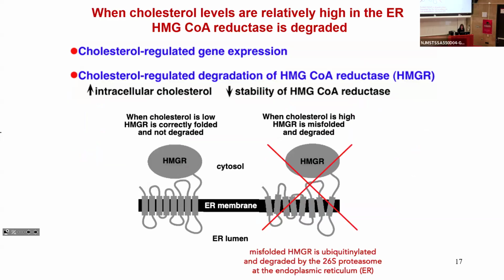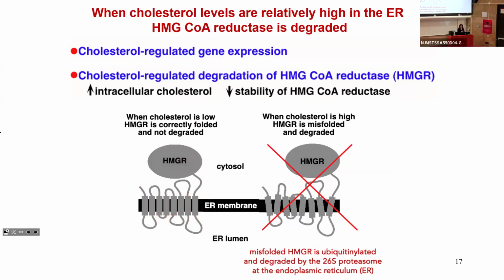Another way in which cholesterol synthesis can be regulated is by the degradation of HMG-CoA reductase, right? The rate-limiting enzyme in cholesterol synthesis. So if cholesterol level is high, and we don't want to use all kinds of ATP to mediate its synthesis, then the stability of HMG-CoA reductase is going to go down. When cholesterol is low, this HMG-CoA reductase, which also has many different transmembrane domains here, is correctly folded.